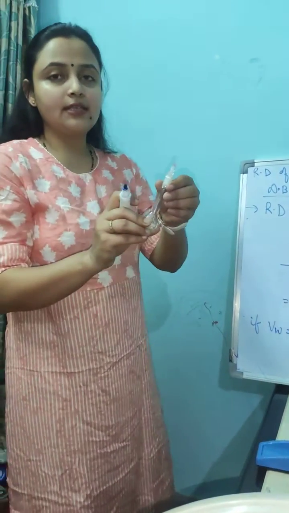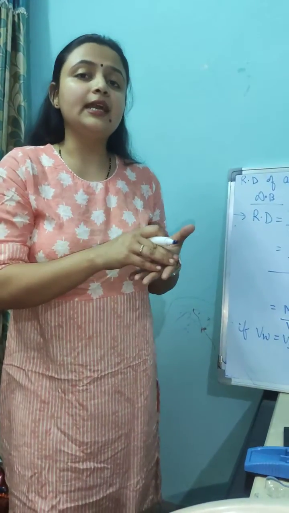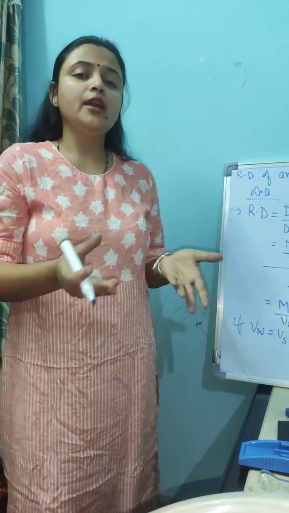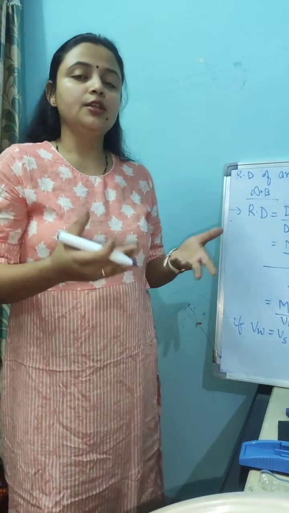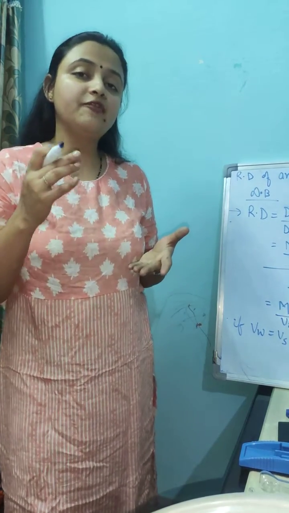If you take a density bottle, the volume is fixed. If it is a 10 ml density bottle, the volume is fixed. If it is 25 ml, the volume is fixed. If it is 30 ml, the volume is fixed. Volume is fixed means if you pour water or any liquid inside it, the bottle is always going to give you a fixed volume.